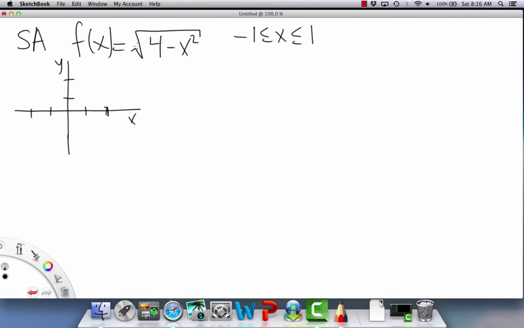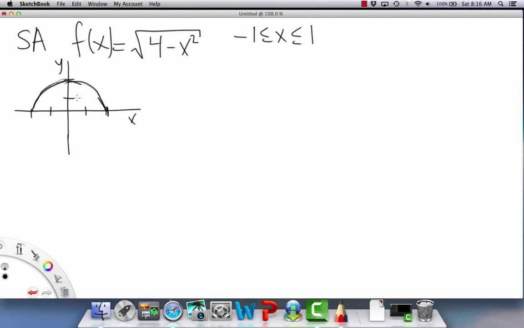And this is a positive function, right? It doesn't say plus or minus, so that implies positive. So it actually looks like, I'm kind of bad at drawing circles, but we are going to try here. This is the semicircle on the top half of the x-axis.